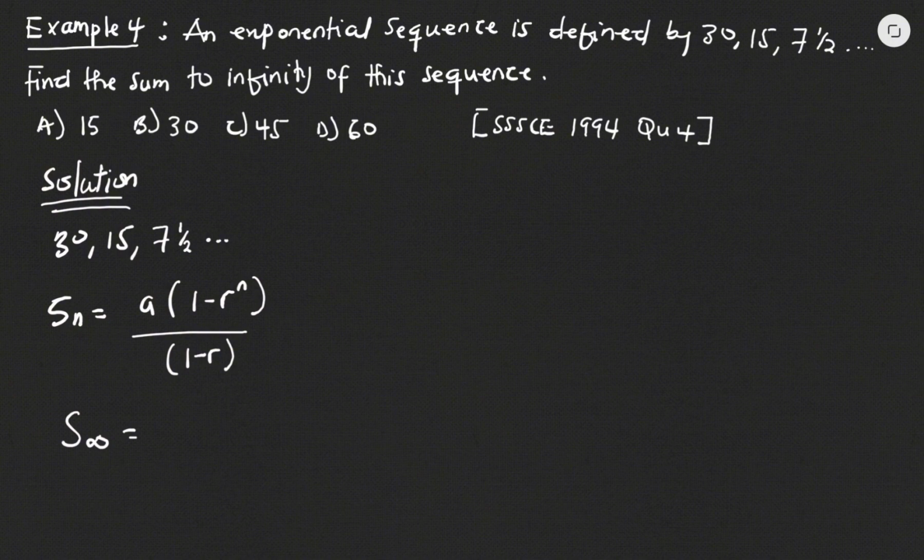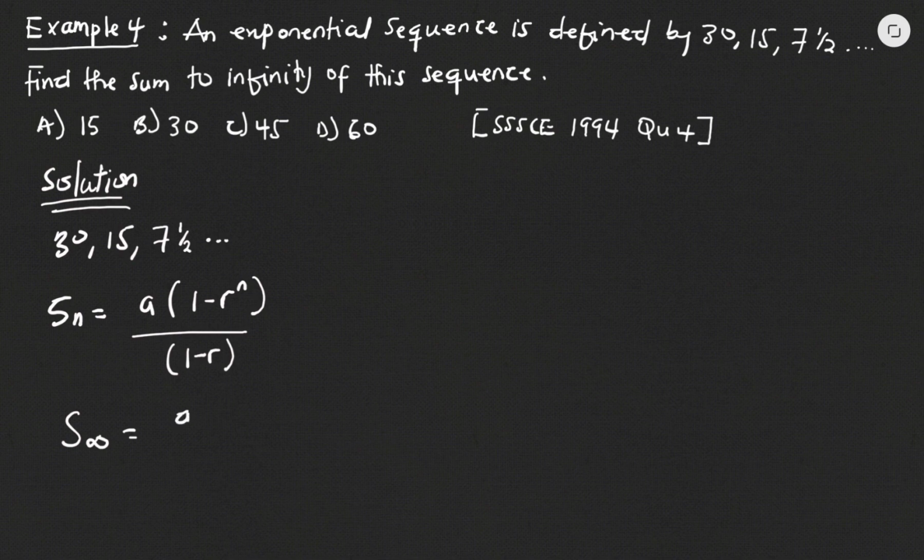So we can just say that the top we have over here will not really be useful anymore for us. It's more or less like we approximate it to 1, because r raised to the power n, which is r raised to the power infinity in this case, is almost like 0. So a multiplied by 1 will give us a.